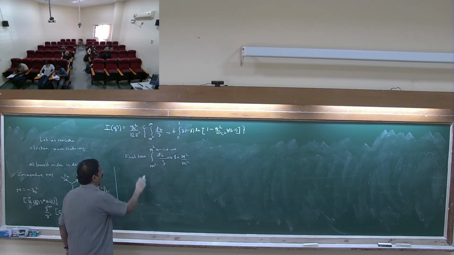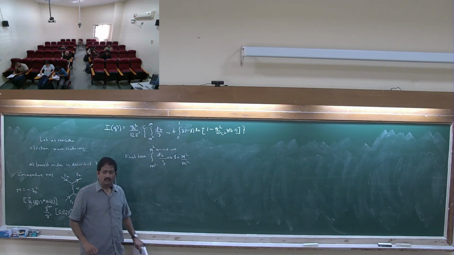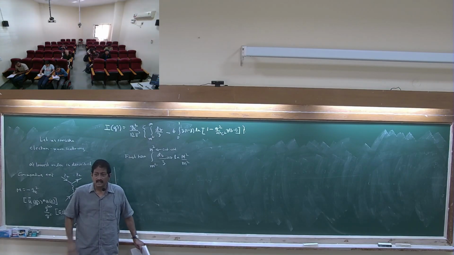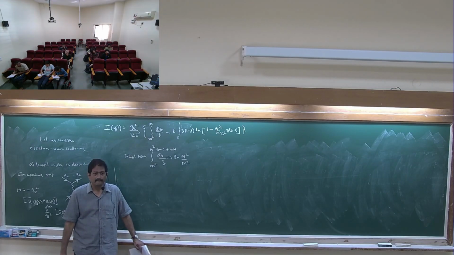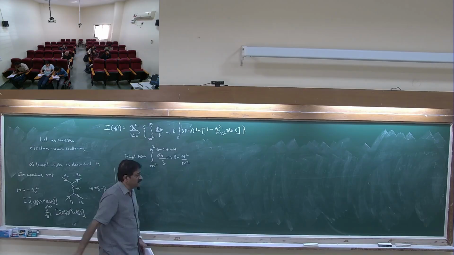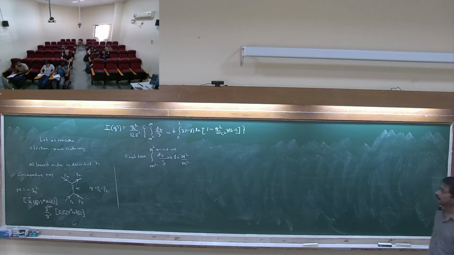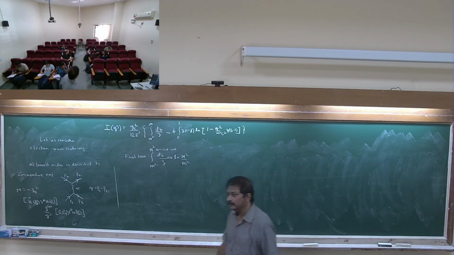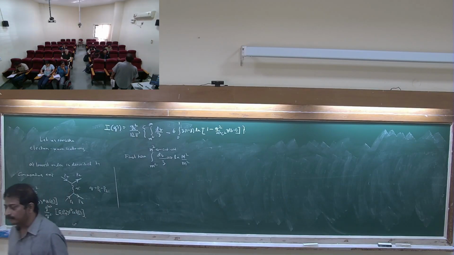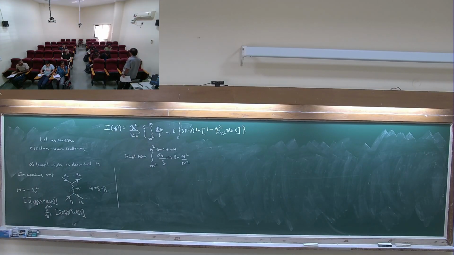And this divergent piece, please note, does not depend on q squared. It's only this finite piece which is depending on q squared. That has a reverse divergence, but anyway, it doesn't contribute.